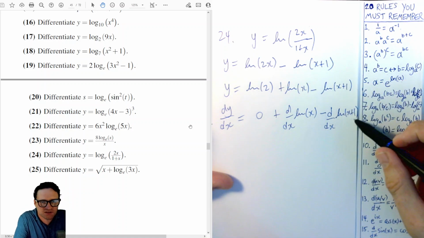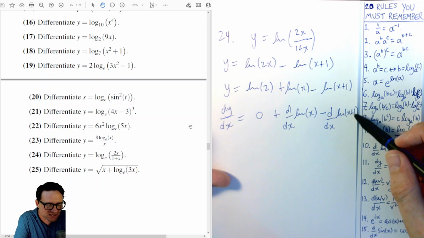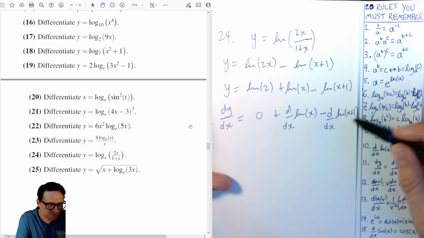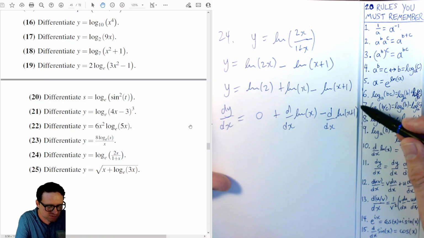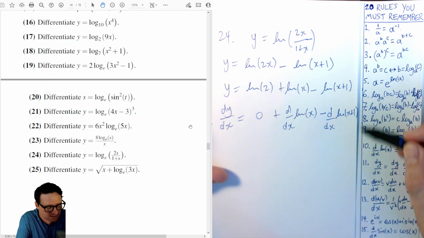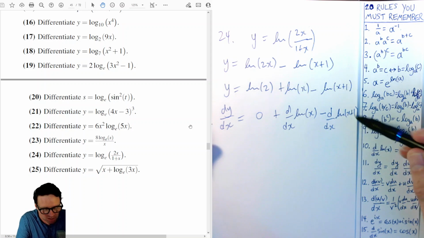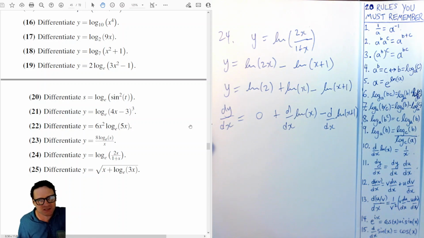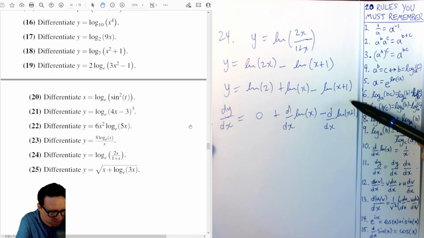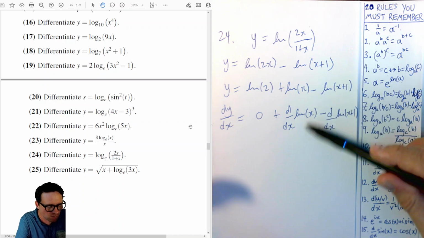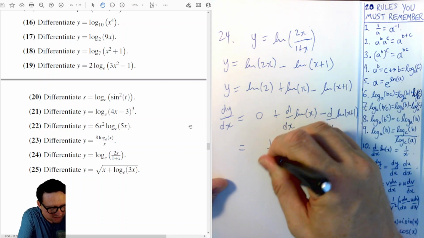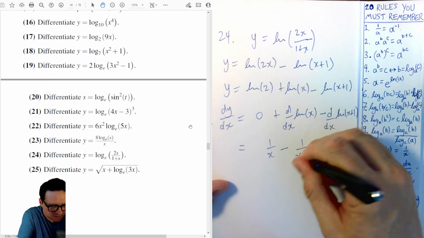And for this you do need the chain rule, so if you would set out u equals x plus 1, then you'd have d ln u on du times d of x plus 1 with respect to x. And so for that second derivative, that would give you 1, because the derivative of x plus 1 with respect to x is 1. And so you just get 1 on x plus 1 for this derivative here. And for this you get 1 on x. So here we get 1 on x minus 1 on x plus 1.